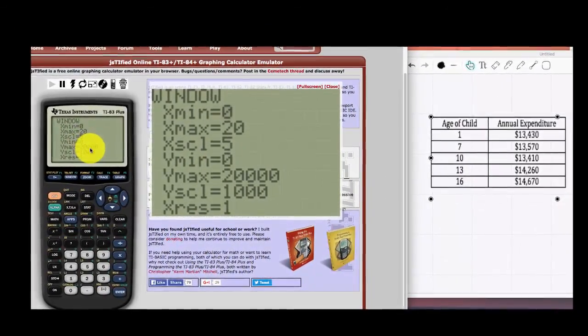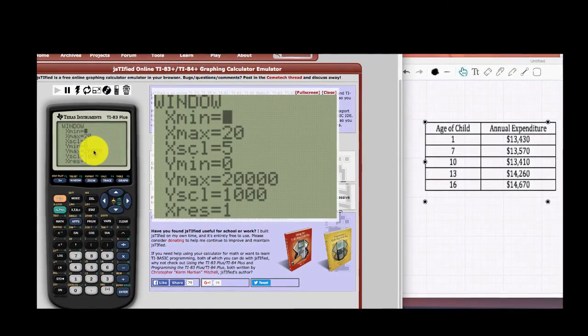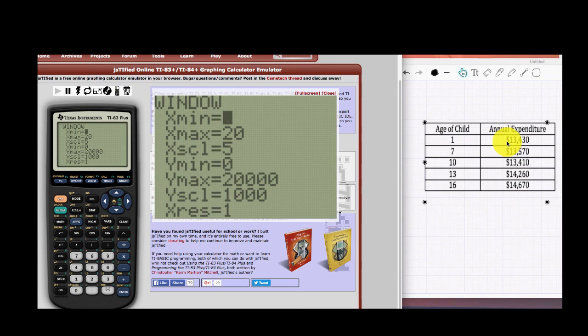And then from 0 to 20,000 is also a good interval for the Y scale because look at the data value from 13,000 to 14,000. I could start at 13,000 and finish at 14,000, but it maybe gives a better visual. Yeah, it's really your choice here to be able to see the data. And I've chosen to go from 0 to 20,000, and I'm counting by 1,000.